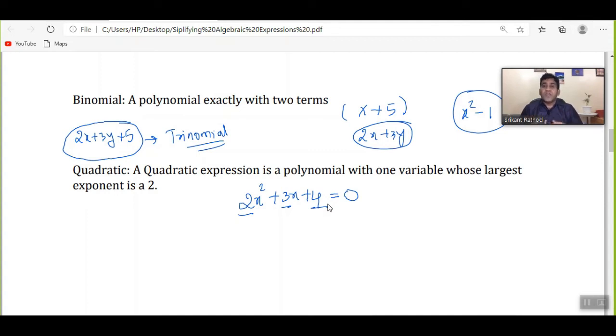So in that case, we need to solve what are the values of x which make this entire expression equal to 0, and those values of x are called solutions to the quadratic equation, or the roots of the quadratic equation, or zeros of the quadratic equation. So these are the different terms you may expect in an exam, and they mean the same.